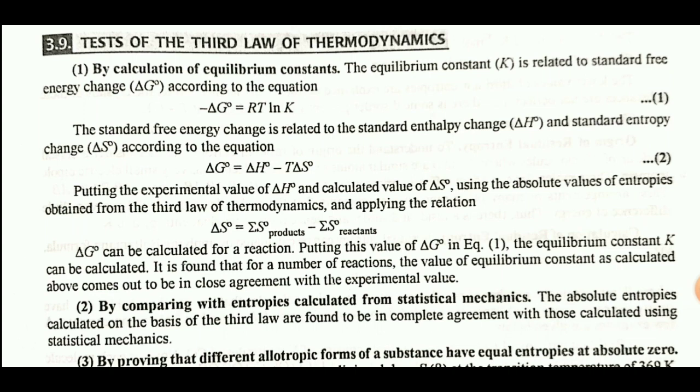Putting the experimental value of del H naught and the calculated value of del S naught using the absolute values of entropies obtained from the third law of thermodynamics and applying the relation del S naught is equal to sum of S naught products minus sum of S naught reactants.